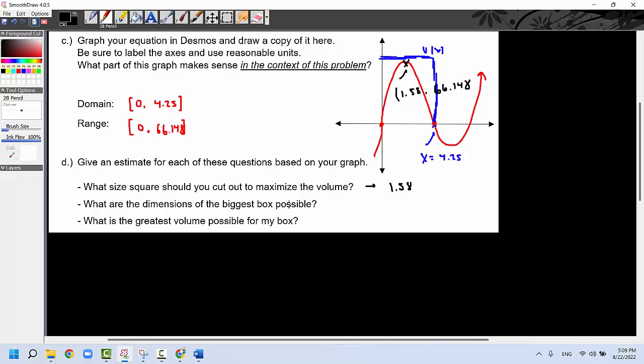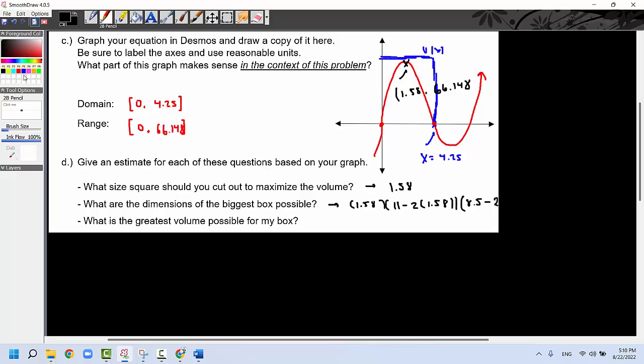So hopefully the size of the square cut out would be 1.58. The dimensions of the biggest box possible would be what happens when I take 1.58 and plug it into my V of x function. If I set it up here but don't solve it, it's going to be 1.58 for the x times 11 minus 2 times 1.58 for the length, and then the width is going to be 8.5 minus 2 times 1.58, like that.